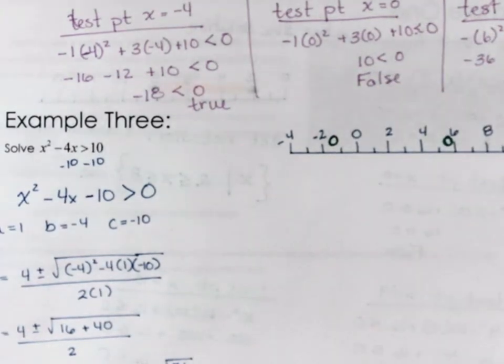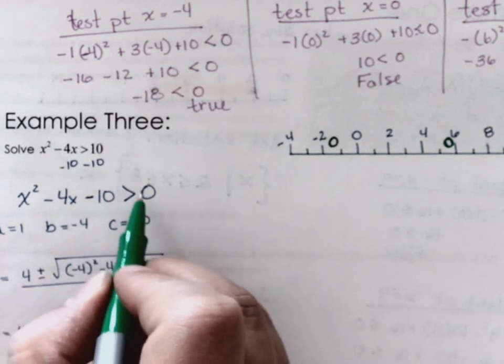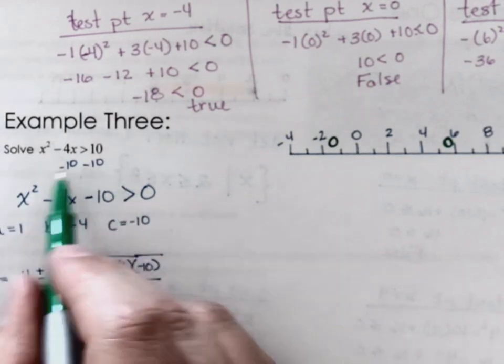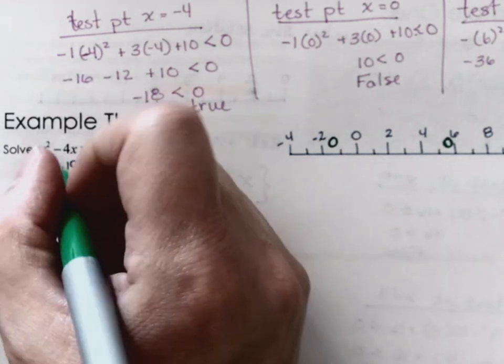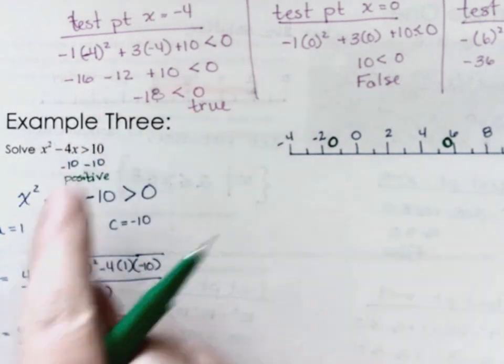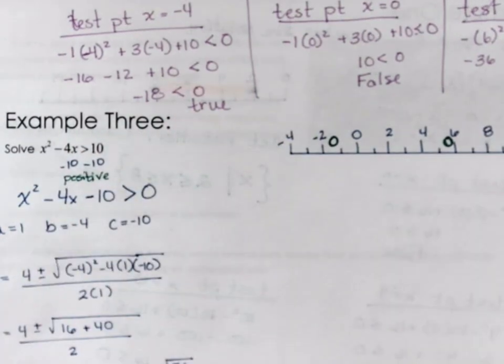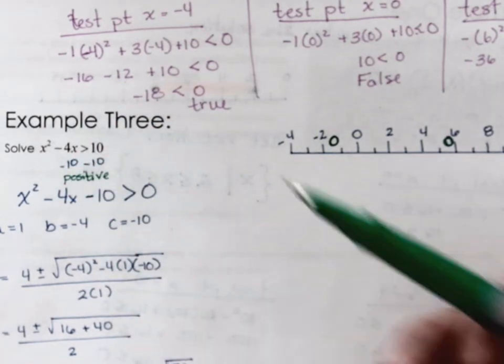So again, I got to figure out, are my values inside or outside? And so let's do sign analysis this time. So if we look at this, does this have to be positive or negative in order for this inequality to be true? So we know that this side has to be positive because positive numbers will be greater than 0, okay? So we're just going to dump numbers into here.